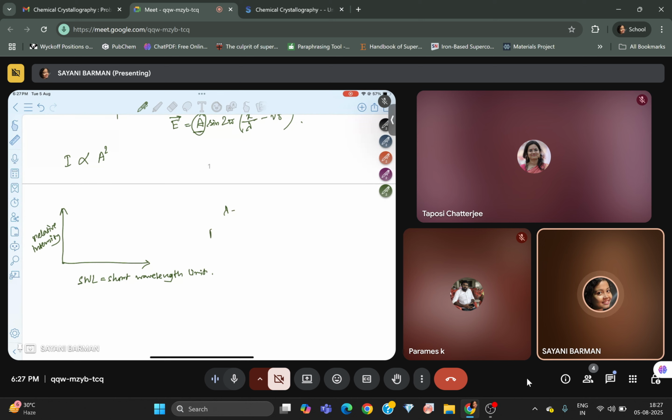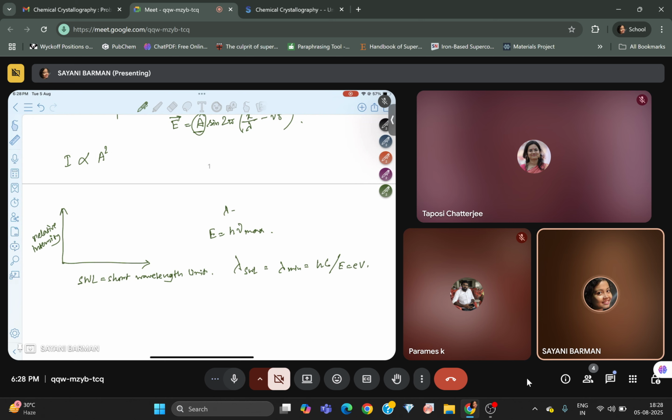So as you all know, E equals h nu, and SWL is lambda minimum. This we can write as hc by E, where E is also in eV. This is one important equation.